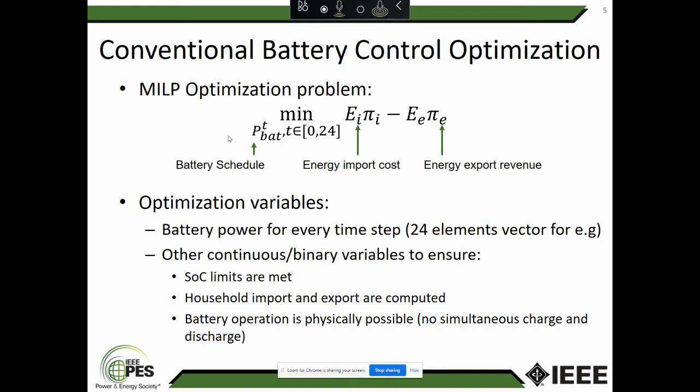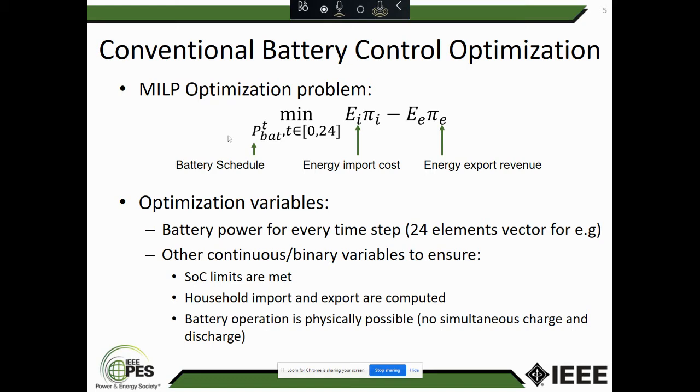And then there are other variables needed in order to make sure that the state of charge of the battery stays within limits, like 100% and maybe something like 10 or 5%, in order not to use the battery too much. Then we also have to make sure that there is a conservation of energy.